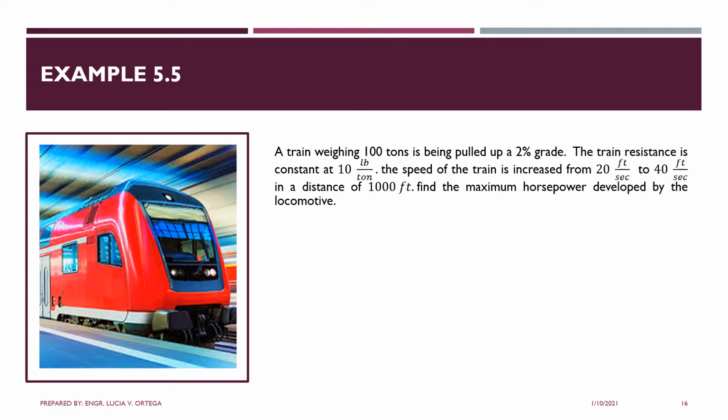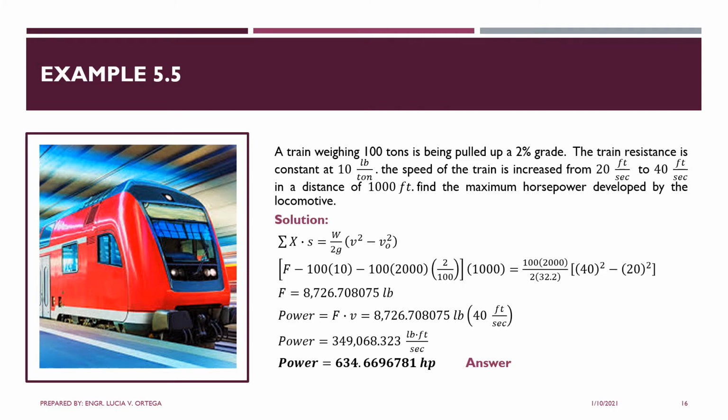The train resistance is 10 pounds per ton. The speed of the train is increased from 20 feet per second to 40 feet per second in a distance of 1,000 feet. Find the maximum horsepower developed by the locomotive.